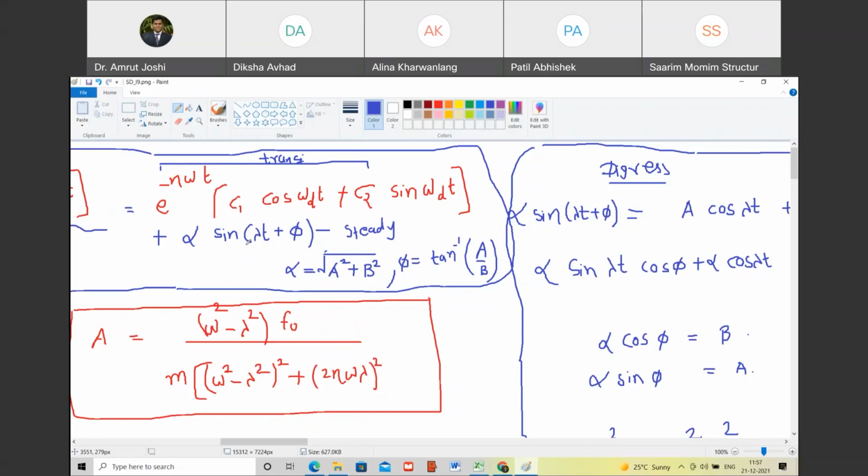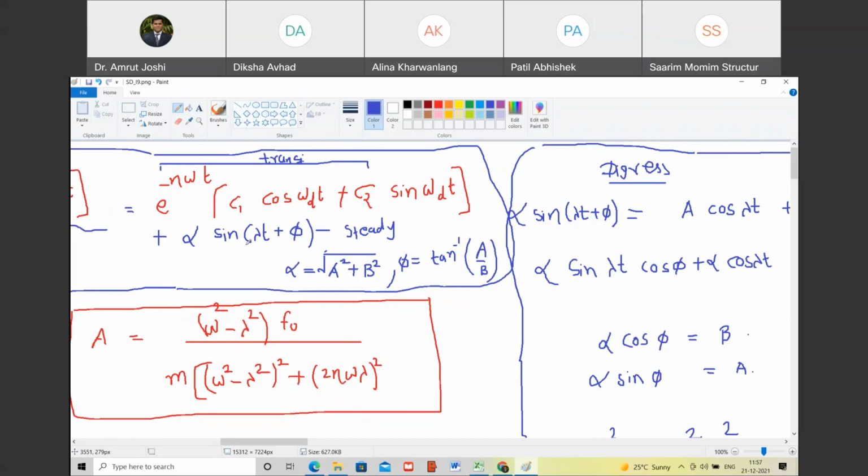Transient response die होने के बाद the system responds with the forcing frequency. जो forcing frequency है उसी frequency से respond करता है, but with the phase difference phi. That means जहां पे force का maxima होता है उससे phi distance पे response का maximum होगा. So what is the effect of harmonic force on the system?